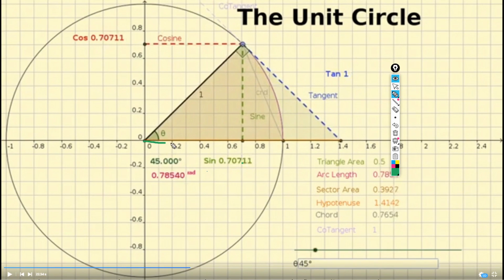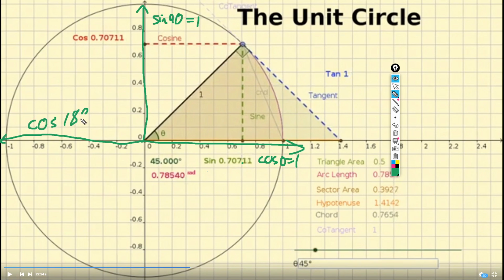Okay, so right here, if it was straight out, pretend that's straight in a line, that was cosine of 0 equals 1. It was straight up, that was sine of 90 equals 1. So if it goes back, hopefully you figured out that's cosine of 180 equals -1, right?